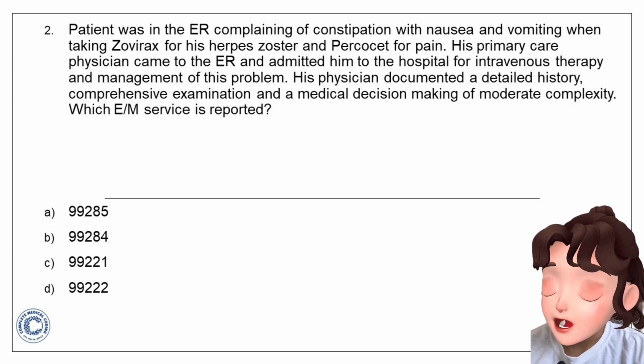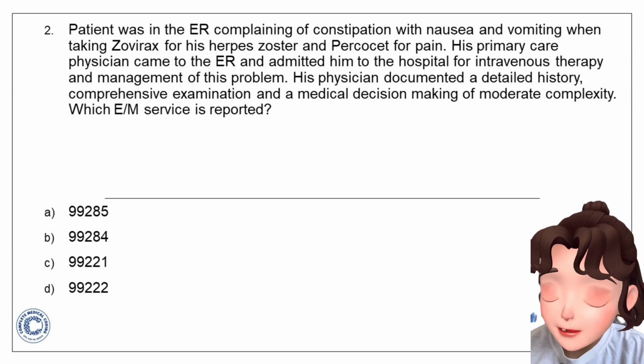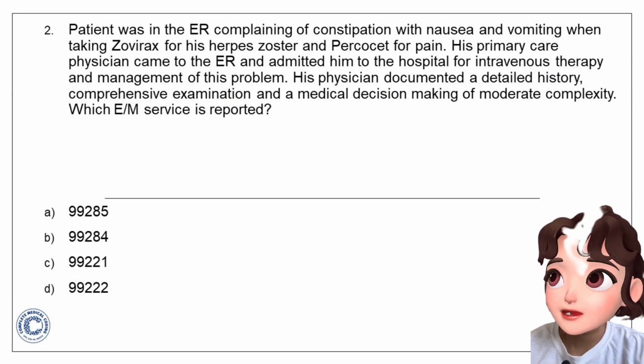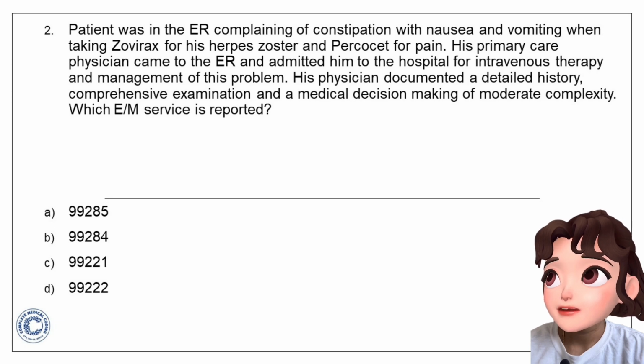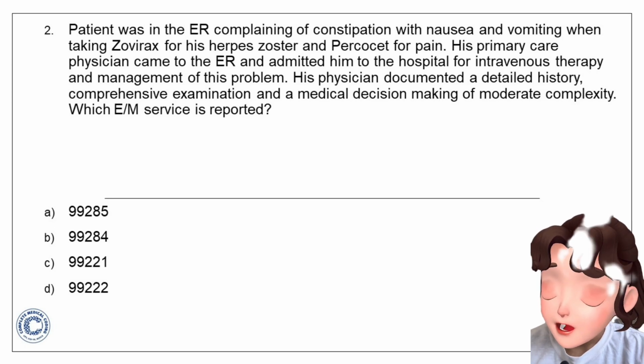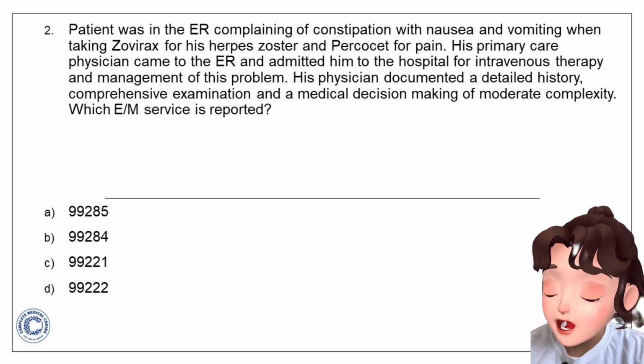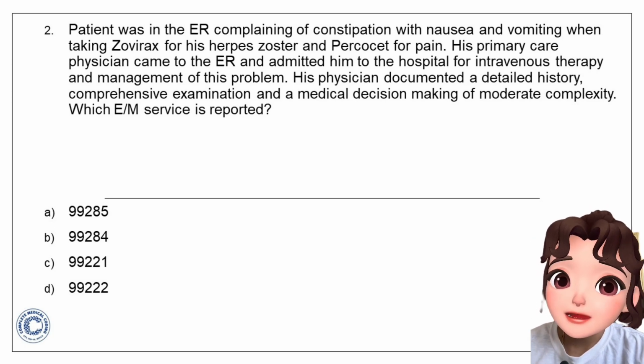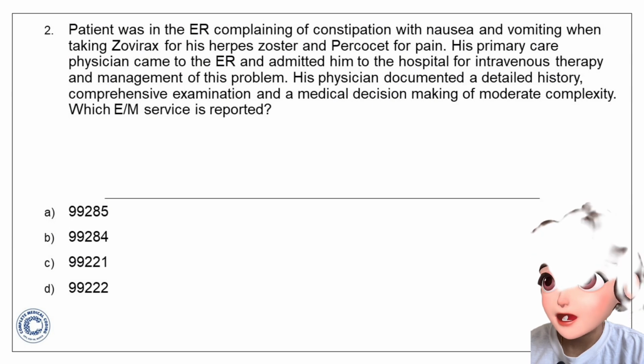Usually the problems requiring admission are of low severity. This is actually low severity because the physician admitted him for IV therapy only. And typically 30 minutes are spent at the bedside and on the patient's hospital floor or unit. So here a maximum of 30 minutes is being spent.